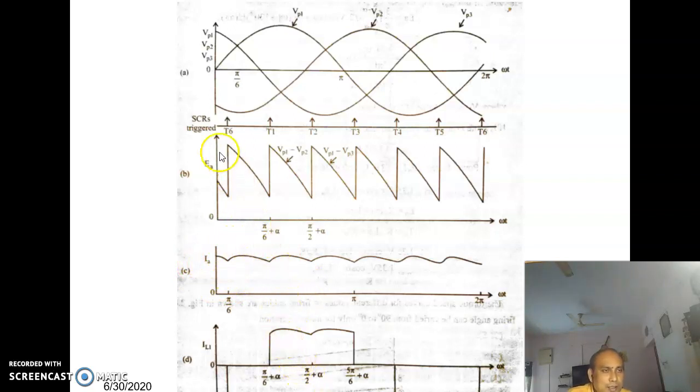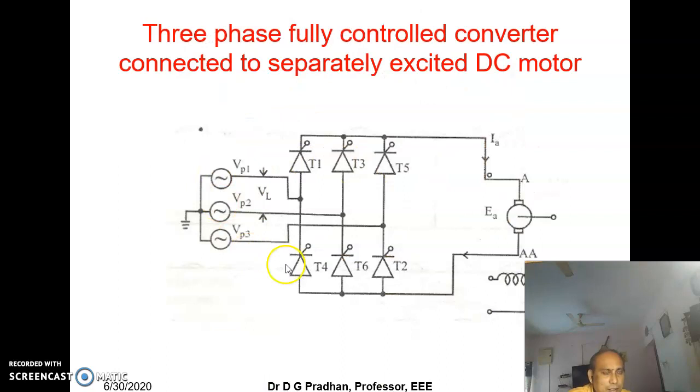When T6 T1 is conducting, that means T1 is associated with line 1 and T6 is associated with line 2.